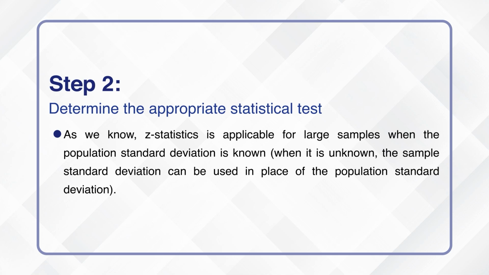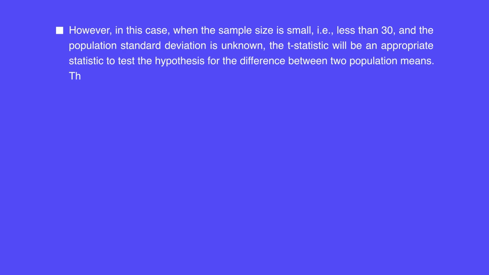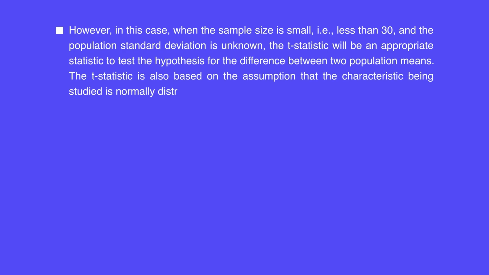As we know, Z statistics is applicable for large samples when the population standard deviation is known, and when it is unknown, the sample standard deviation can be used in place of the population standard deviation. However, in this case, when the sample size is small, less than 30, and the population standard deviation is unknown, the T statistics will be an appropriate statistic to test the hypothesis for the difference between two population means.